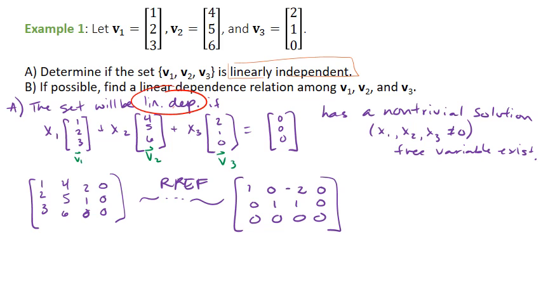Here, this last row of zeros tells us that we're going to have a free variable. Remember, this represents x1, x2, x3. So we have a pivot, pivot, no pivot in this column here. That means x3 is a free variable.